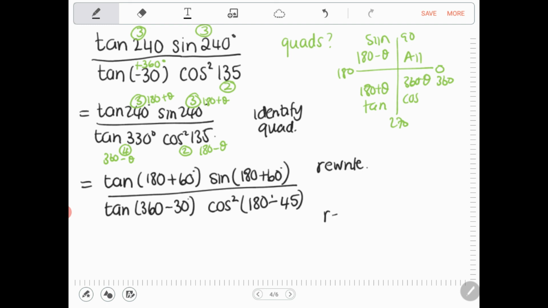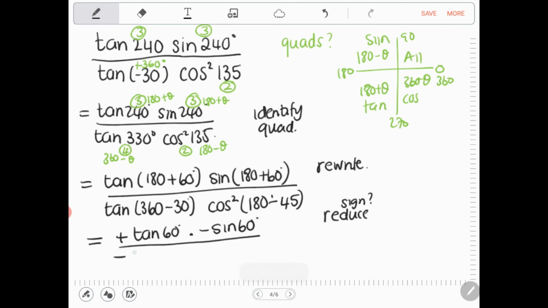Okay, now we're going to reduce and check what sign they have in that quadrant. Tan in the third is positive, and we reduce it to the acute angle. Sine in the third is negative, and we reduce it to the acute angle.